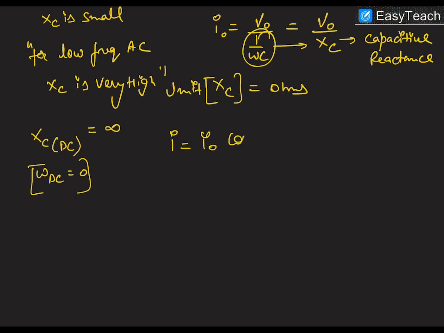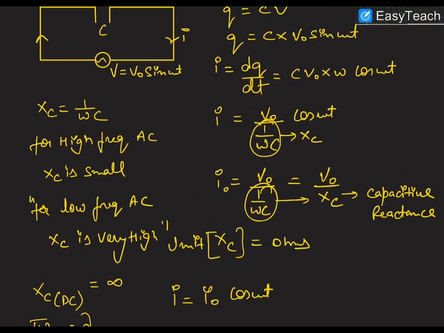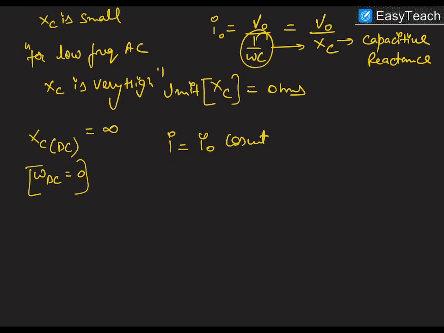If you remember, the function was cos omega t and the voltage function was sin omega t. So it clearly indicates that we can first of all write cos omega t as sin(pi by 2 minus omega t), or we can also write it as I naught sin(pi by 2 plus omega t).